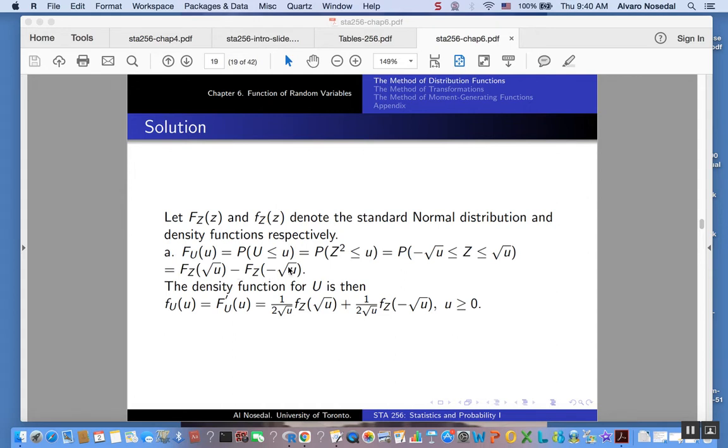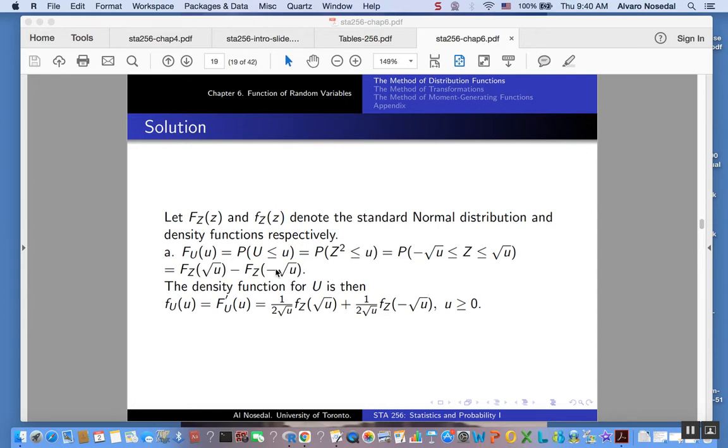Then we take the derivative of this second term, so we have just the derivative of minus the CDF. It's going to be minus 1 times the PDF of z evaluated at minus the square root of u times, applying the chain rule, the derivative of minus square root of u.